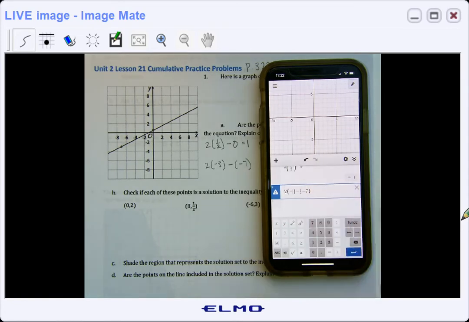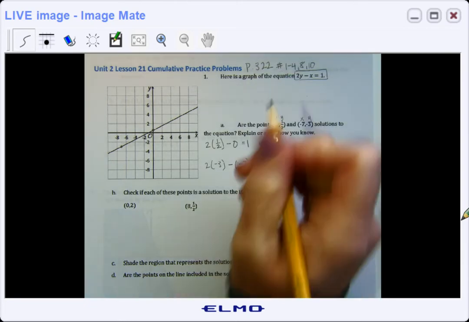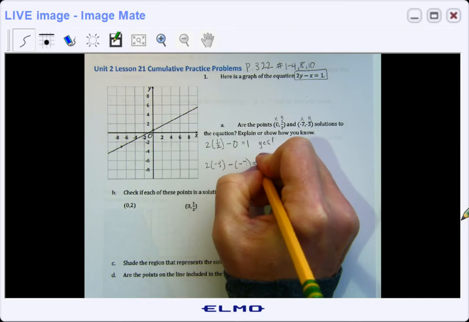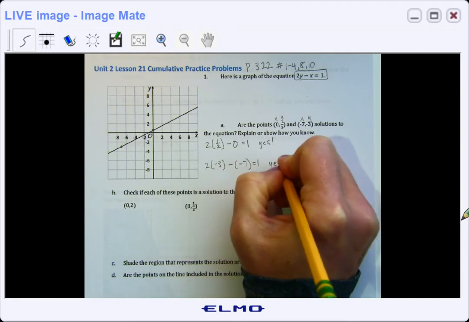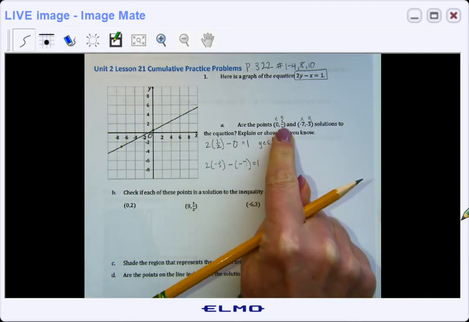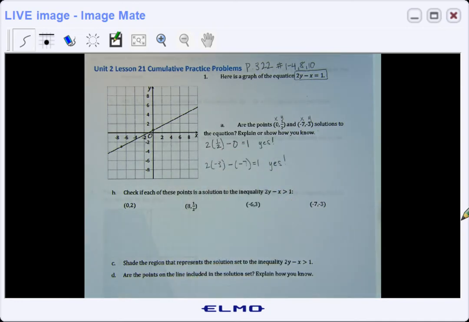Oops, I missed the 3 there. There we go. Okay, so 2 times -3 minus -7 is also equal to 1. So since this is equal to 1, it is yes again. So those are both solutions to the equation.